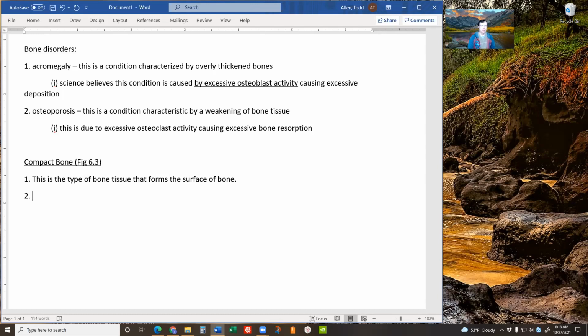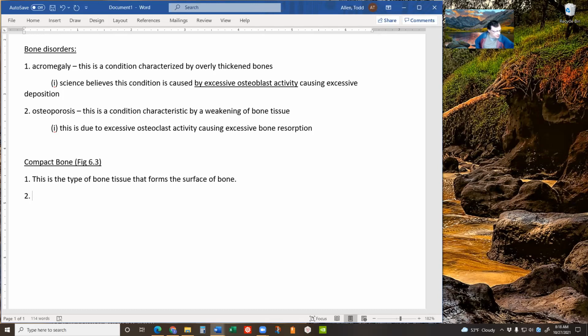As you recall from our conversation last time, when we talked about the anatomy of a long bone, the bone itself is wrapped in a membrane called the periosteum. So compact bone is the surface of the bone, and this compact bone is actually covered by the periosteum. You can verify that for yourself.